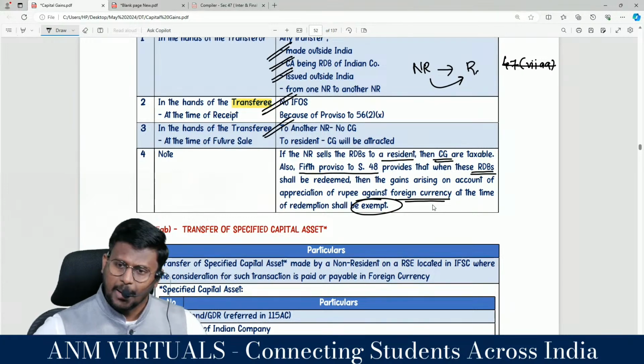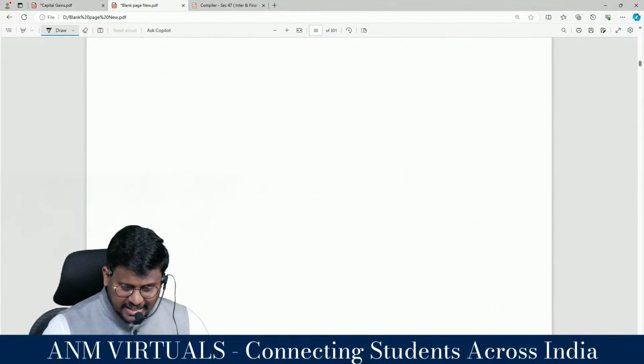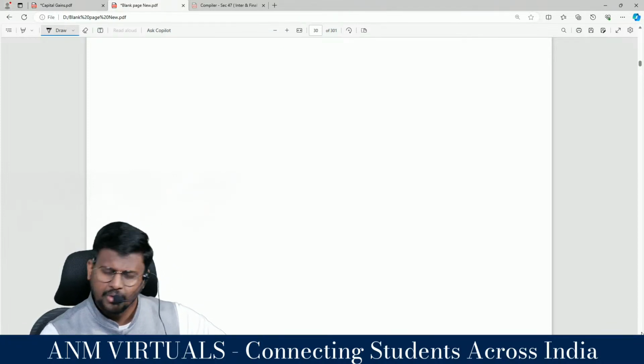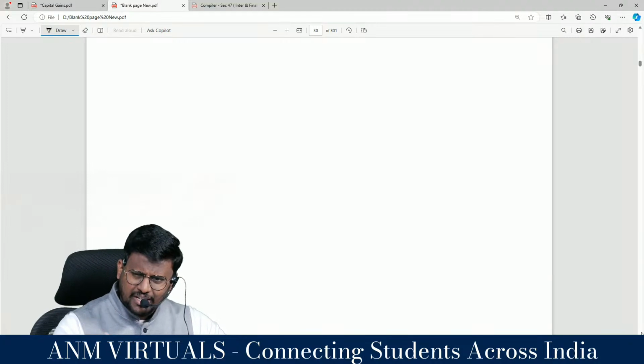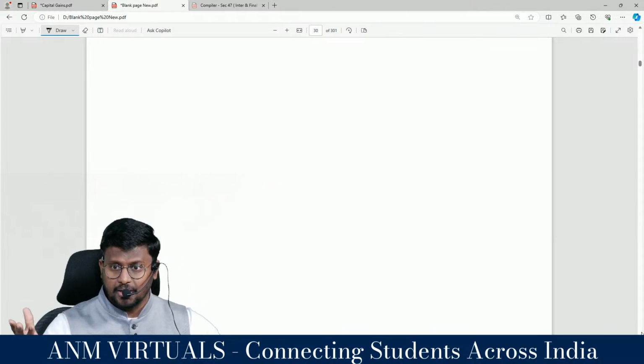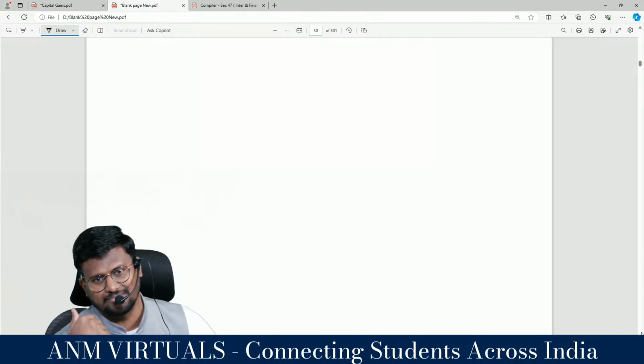So my dear lovable students, what this 7 series is all about: 47 clause 7 is applicable to shareholders of an Indian amalgamating company. Those shareholders may be resident or non-resident.